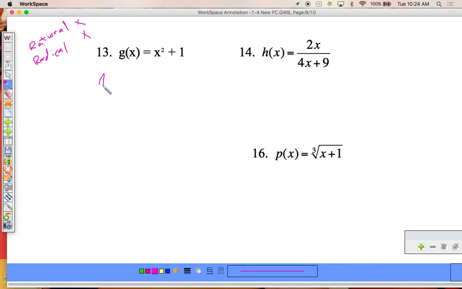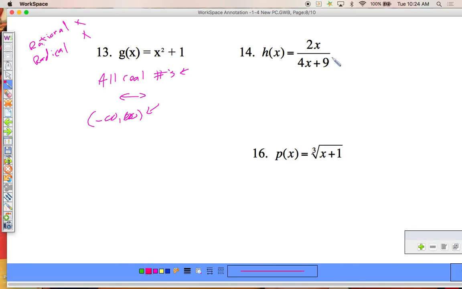So automatically, we're going to say it's all real numbers. All right? With all real numbers, it goes left and right forever, so I can say from negative infinity to infinity, parentheses, parentheses. Same thing. I want to show you different ways that they can write these answers. So the back of the book may say this, it may say this, all depending on how they decided to write it.